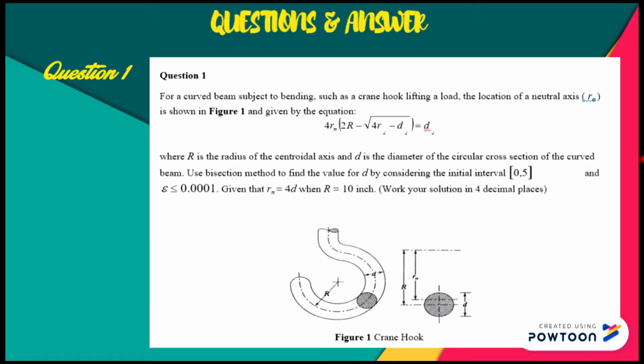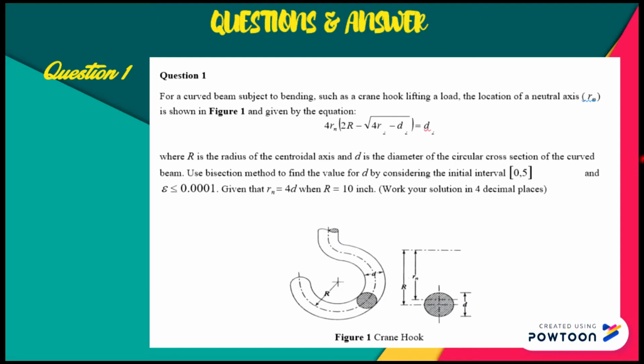So, for the example question, for a curved beam subject to bending such as a crane hook lifting a load, the location of a natural axis is shown in figure 1 and given by the equation, where r is the radius of the centroidal axis and d is the diameter of the circular cross section of the curved beam.